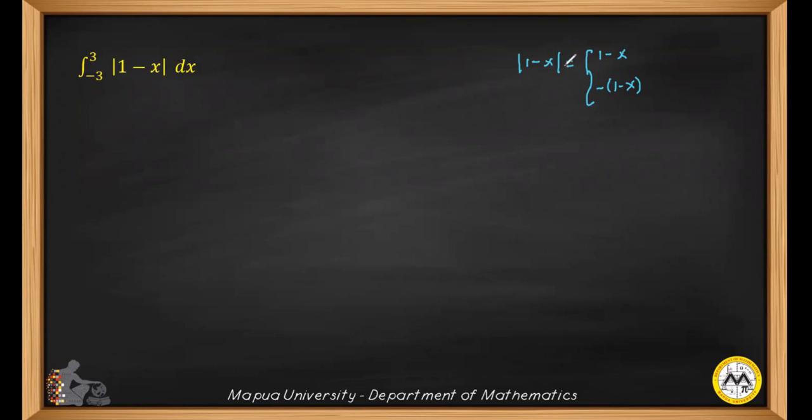Of course, the absolute value of 1 minus x is 1 minus x if 1 minus x is greater than or equal to 0. Of course, 1 minus x is greater than or equal to 0 may be written in the form 1 is greater than or equal to x, or x is less than or equal to 1.